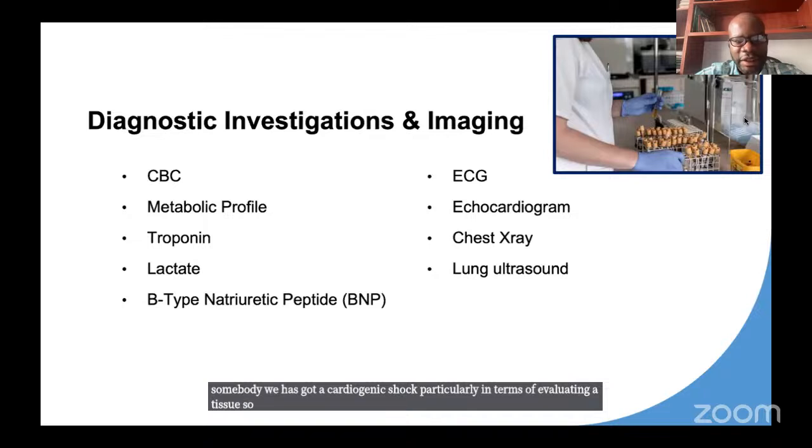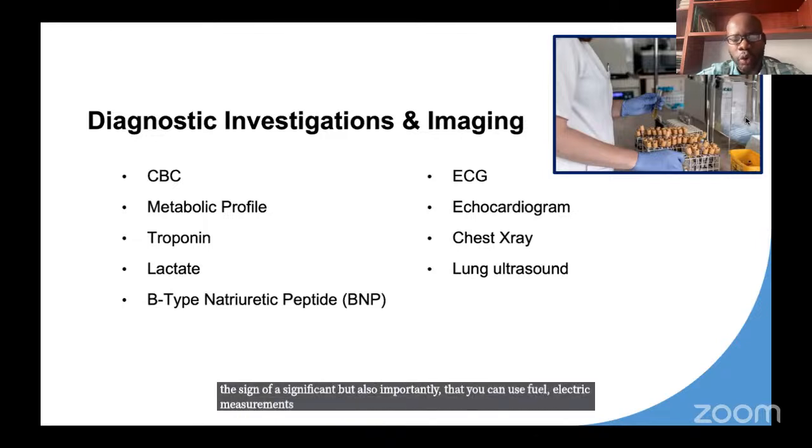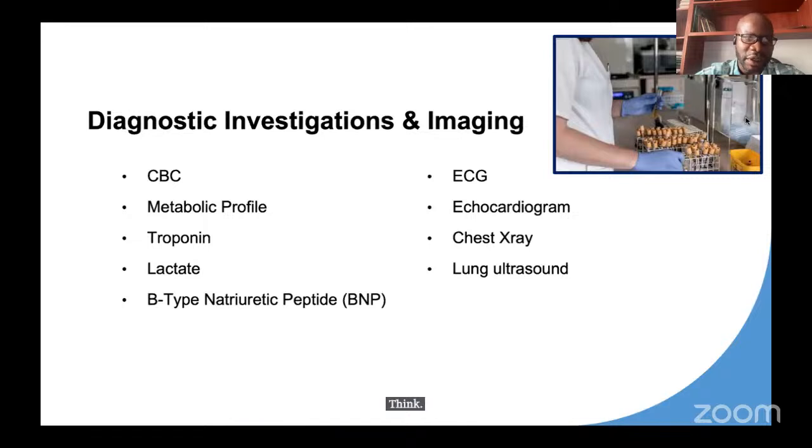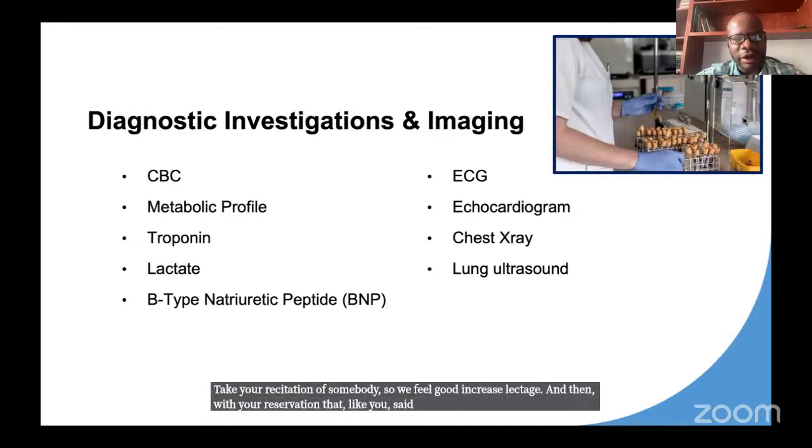So an elevated lactate is a sign of significant tissue hypoxia. But also important is that you can use serial lactate measurements to track your resuscitation of somebody who is in cardiogenic shock. So if you have increased lactate, and then with your resuscitation the lactate starts going down, then you can confidently say that your resuscitation is actually working.